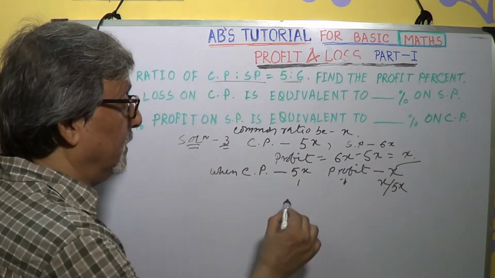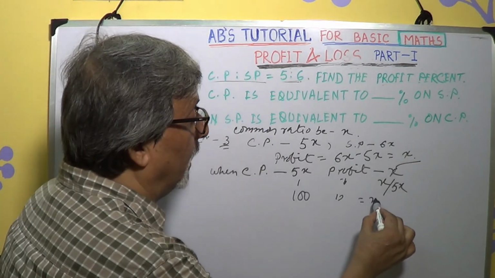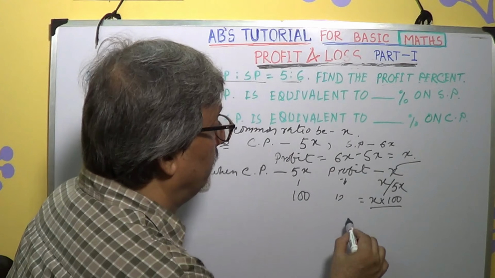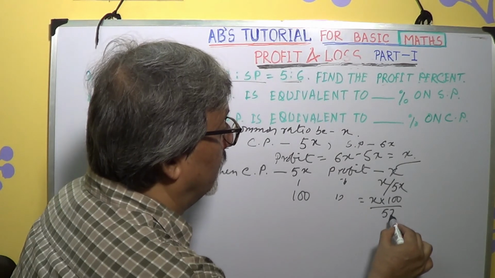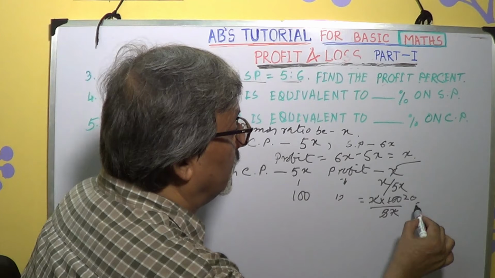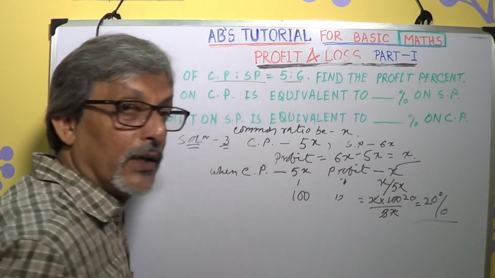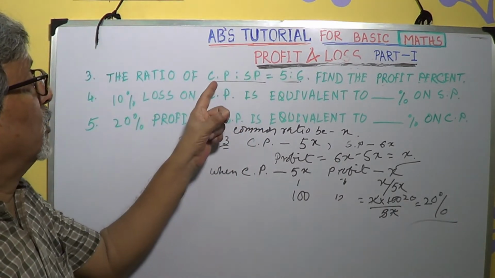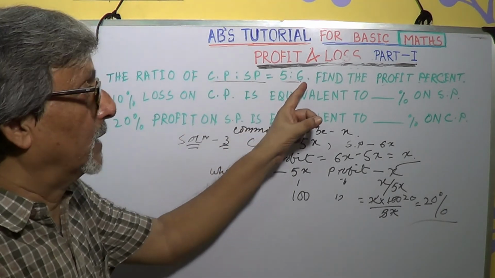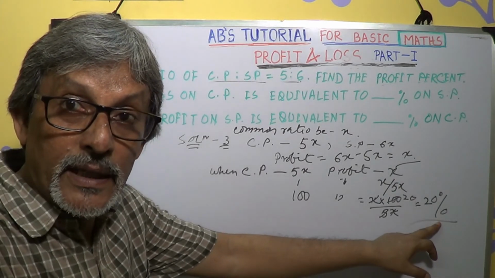And profit percent, when it is 100, the profit becomes X into 100 by 5X. So X and X cancel, from 5 and 100 this is 20, this becomes 20%. So the ratio of cost price and selling price, if 5:6, find the profit percent. The profit percent is 20.